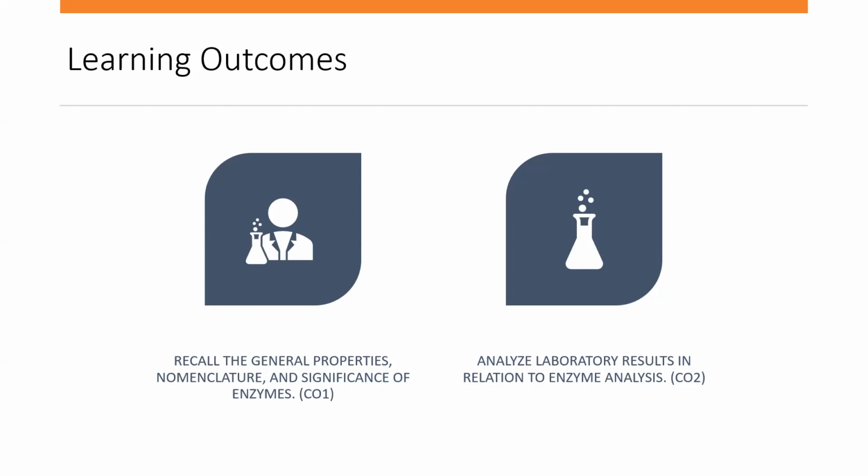But disclaimer before I proceed, part of this discussion is all about the physiological functions of enzymes only. The discussion about laboratory analysis will be discussed in our laboratory subject. So let's proceed.